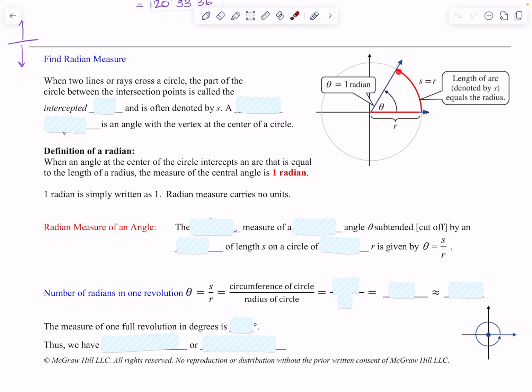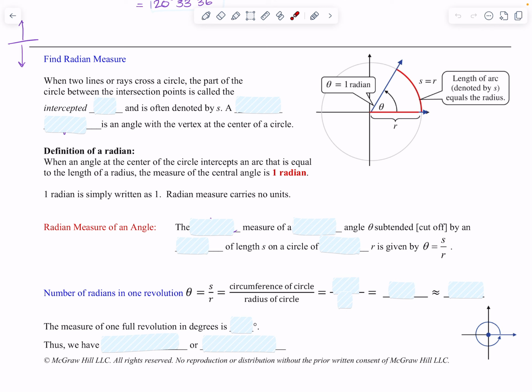And they're pointing your attention to the length of this arc right here. And this particular arc, the way that they've chosen it, happens to be the exact same length as the distance of the radius in this particular example. So let's just take a look at all of these words that we have. I know that that's not your favorite, but we do need them in this particular case.